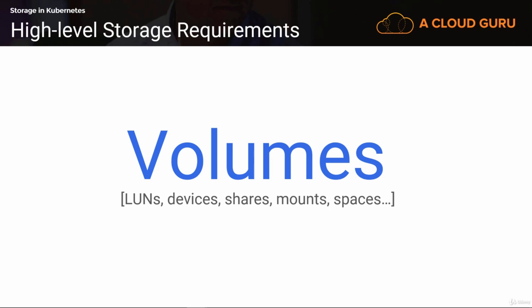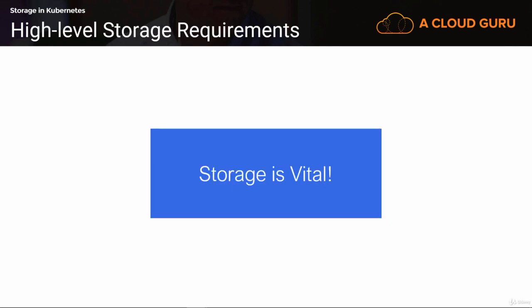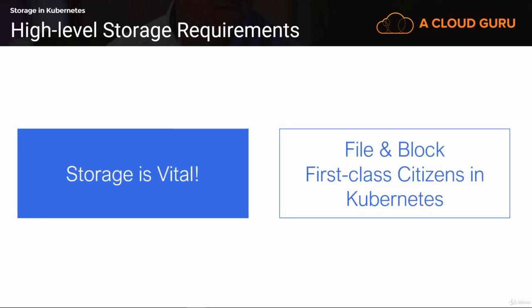Now then, despite being boring to most people, storage actually is vital. In fact, so vital that enterprises spend disgusting amounts of money on things like enterprise-class storage arrays. So with this in mind, storage needs to be a first-class citizen in Kubernetes. And now it is. Well, at least file and block is, which is a good thing, right?